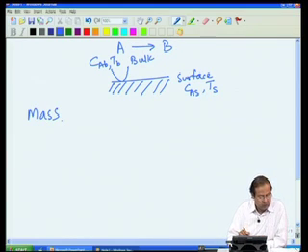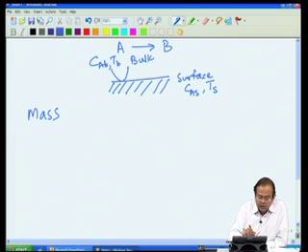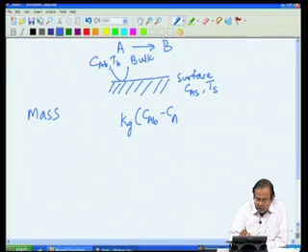Okay. Mass balance. What is happening on the surface? The material is diffusing. So, film theory. So, our rate of mass transfer is kg into CAB minus CAS, and this is per unit surface area.